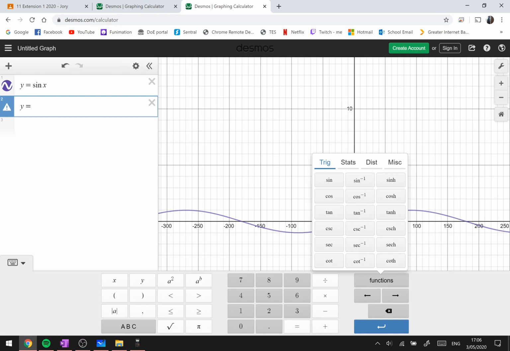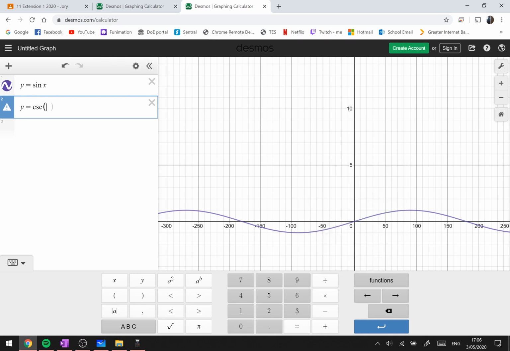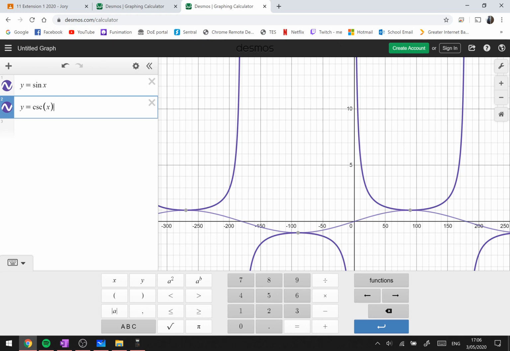It's CSC for cosec of x, and there it is there, and it's pretty much as I said. So asymptotes at 0, 180, negative 180, and 1 at 90, negative 90, negative 270, etc.